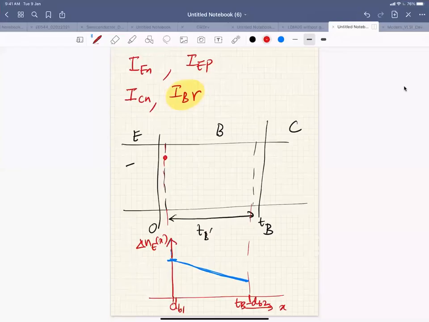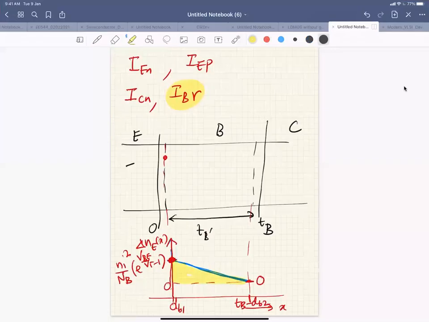Here I have Ni square by Nb times e to the power Vbe by Vt minus 1, the excess carriers, and here I have 0, right? If I want to see in steady state how many excess carriers there are, I have to take the area under this curve.